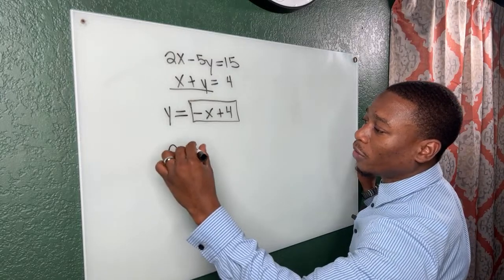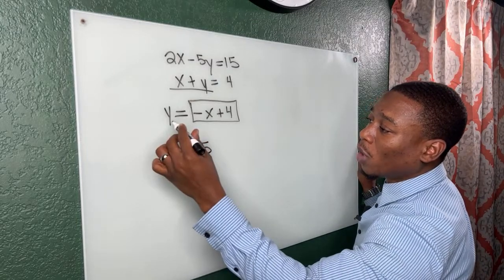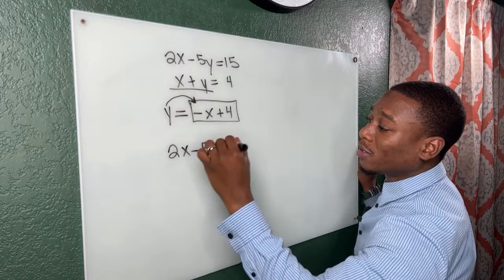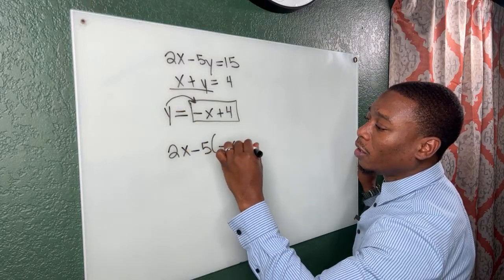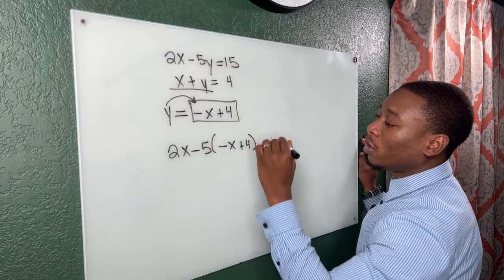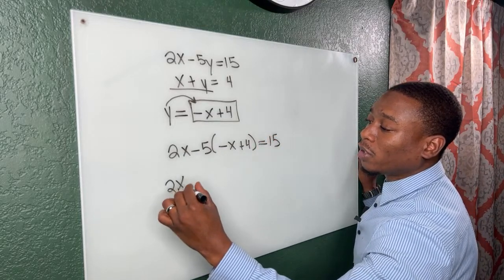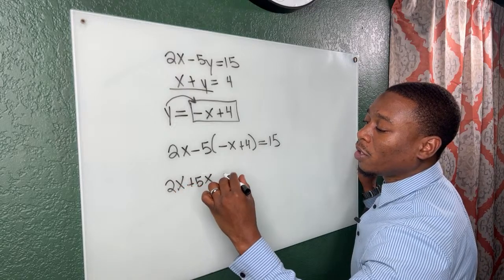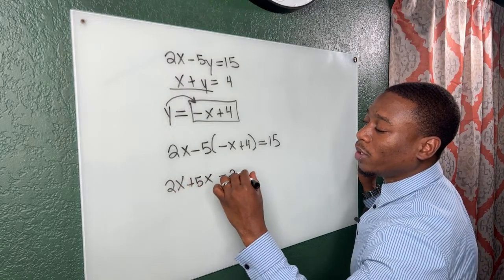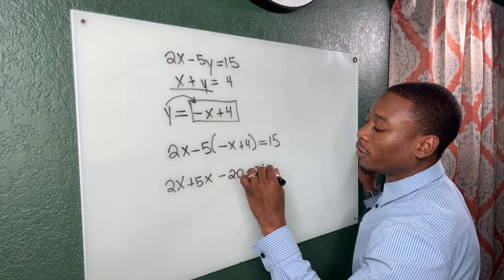So here we go. We have 2x minus 5 times y. Remember, y is now this. So we'll put parentheses, negative x plus 4, close it, rewrite the rest of the equation. So now I have 2x plus 5x minus 20 is equal to 15.